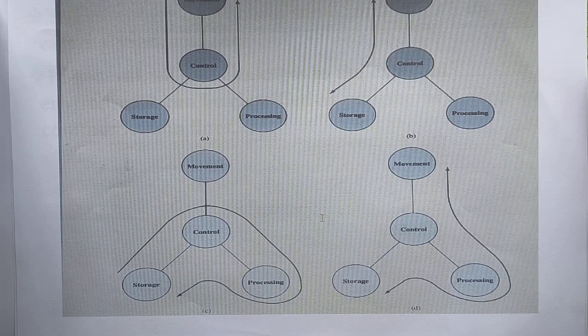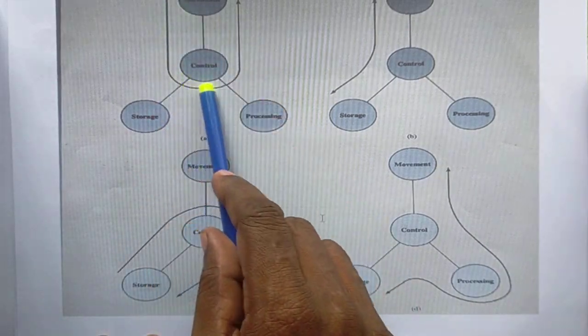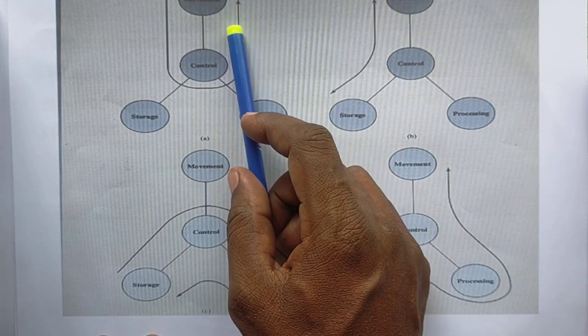Next, I told you about the different functions of processing of data, like very simple data movement. Suppose data comes to the control unit, or control mechanism.